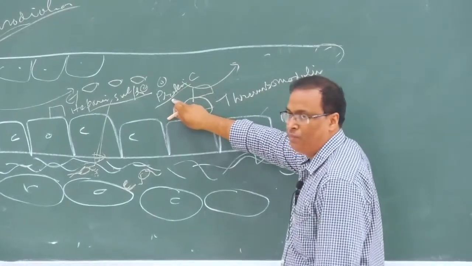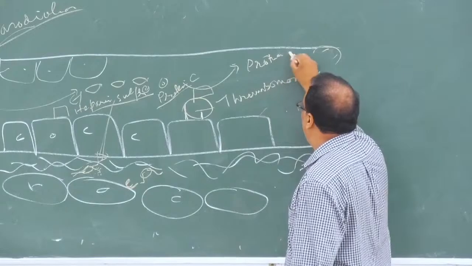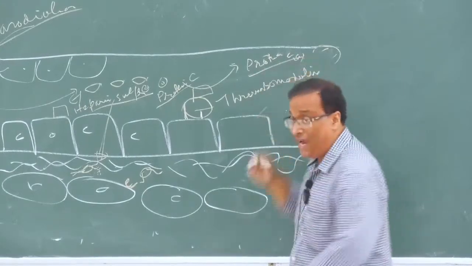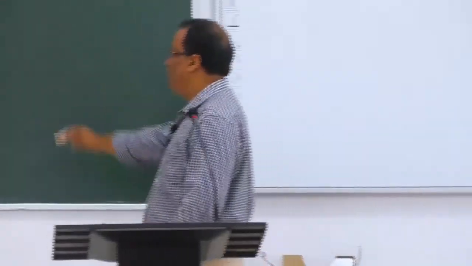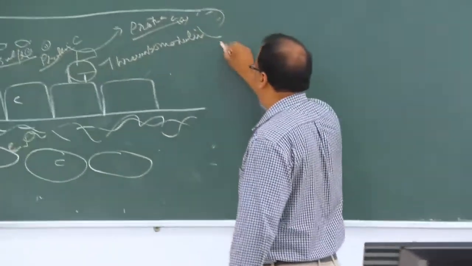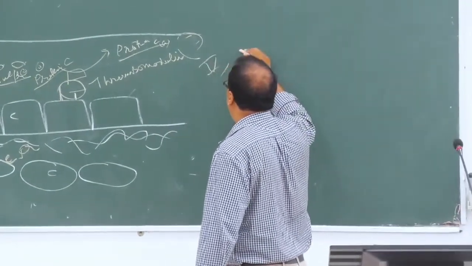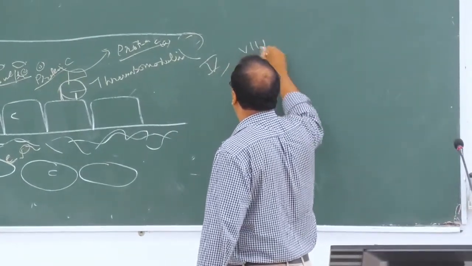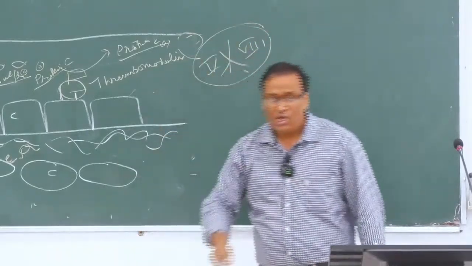In the inactivated protein C, now what to do? Yes, so this inhibits, inactivates. So what is happening here? It happens in two ways.